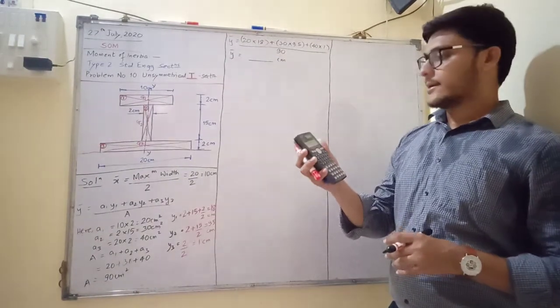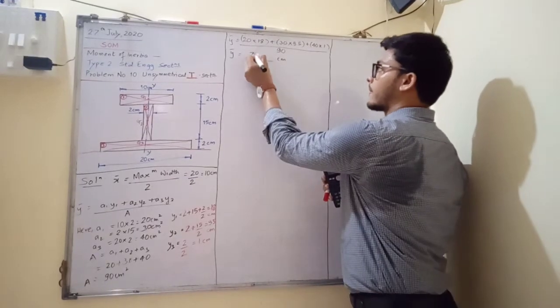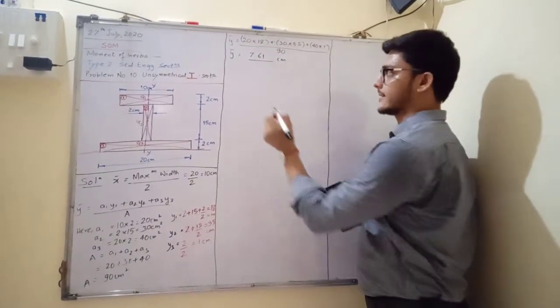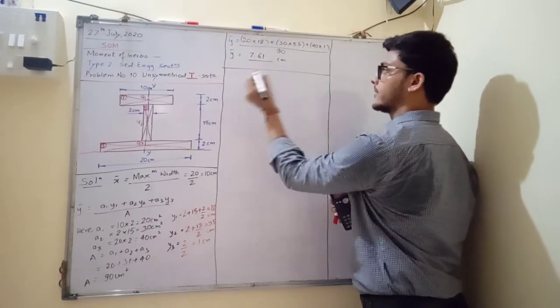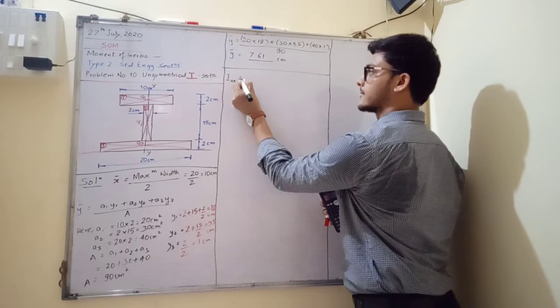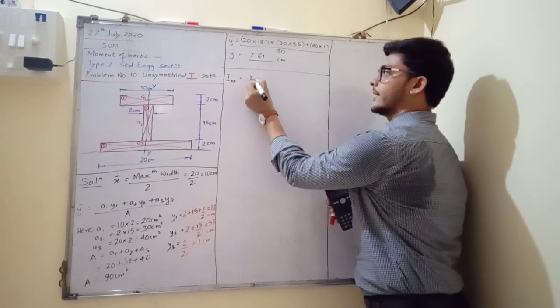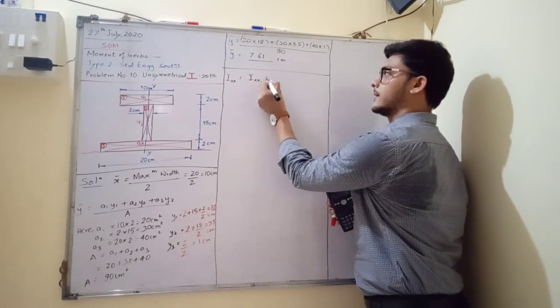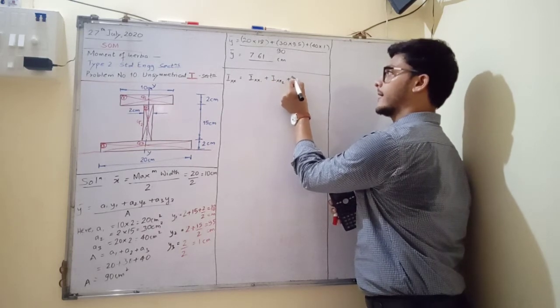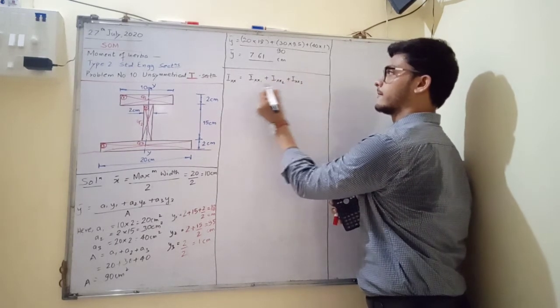So y bar we got as 7.61. Now we have to find Ixx. This is the first part. Next is to find Ixx. Ixx will be Ixx1 plus Ixx2 plus Ixx3.